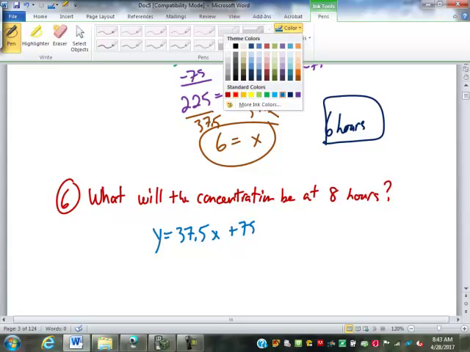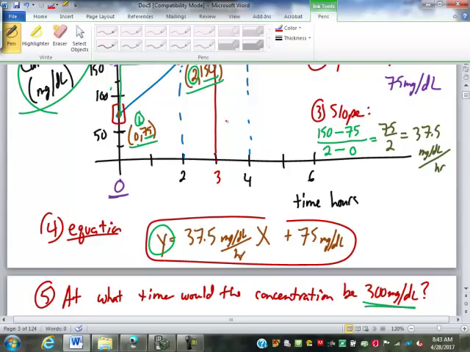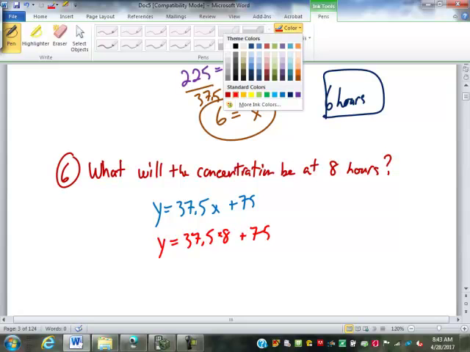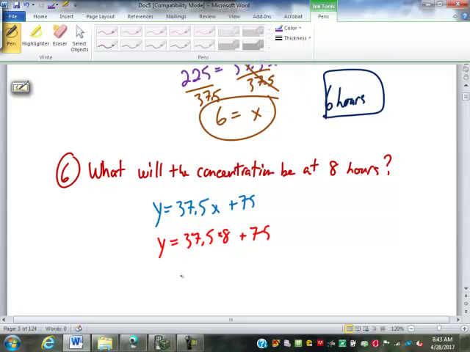Now remember, x is the horizontal variable, and that is hours. So we're putting the 8 hours in for x. So 37.5 times 8 plus 75. Well, 37.5 times 8 comes out to be 300. 300 plus 75 is 375. That is milligrams per deciliter.